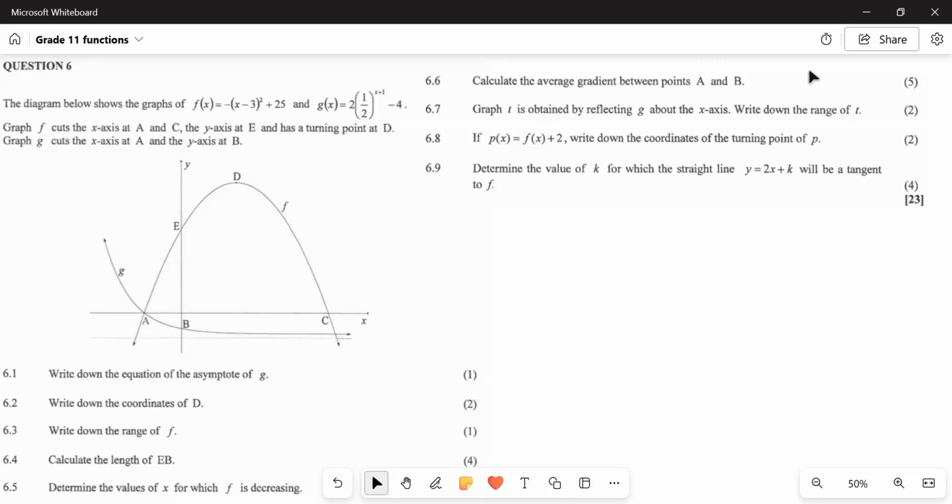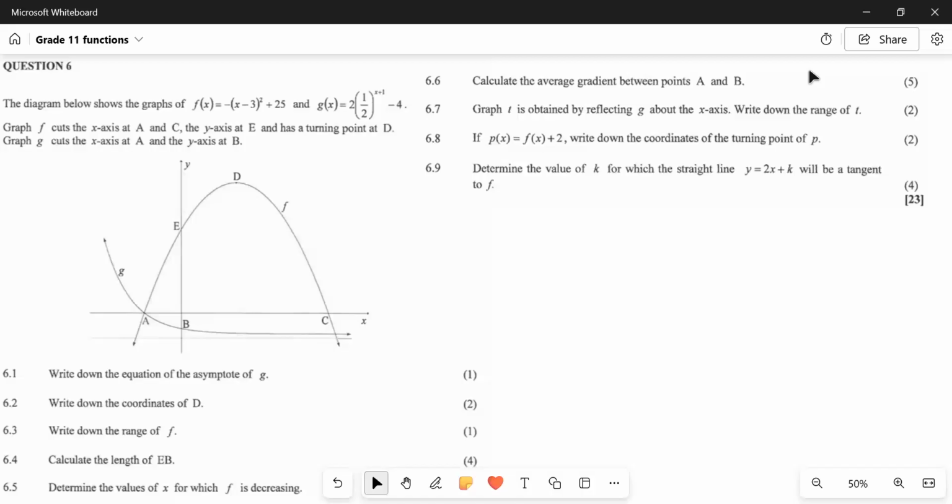Let's continue then. So 6.6, calculate the average between the points A and B. So we're looking for the average between the points A and B. So how do we go about answering that one? Let's see.